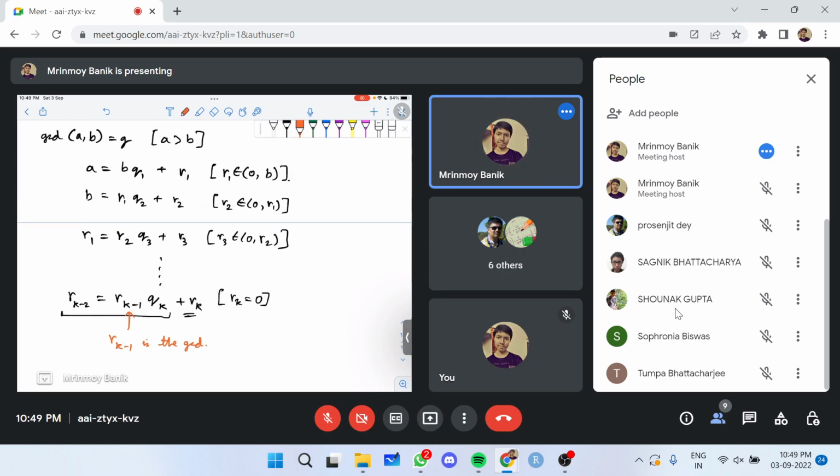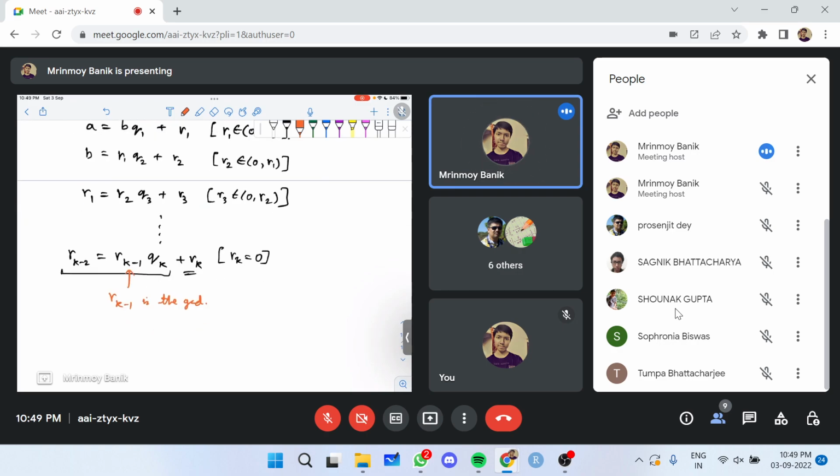So why is it true? You can see that you can write Rk minus 2 in terms of Rk minus 1, so Rk minus 1 divides Rk minus 2, right? And what was the previous equation? Here there was Rk minus 1, and here there was Rk minus 2, and before this there was Rk minus 3.